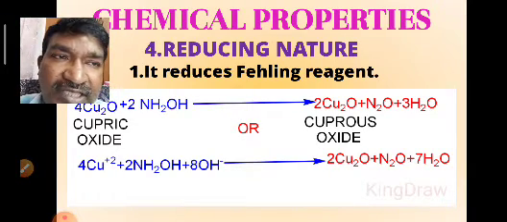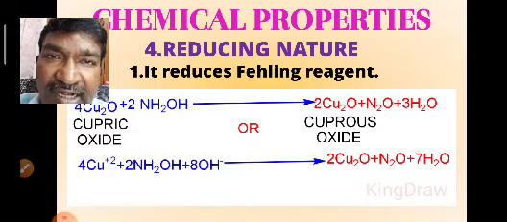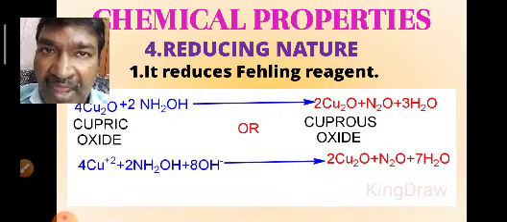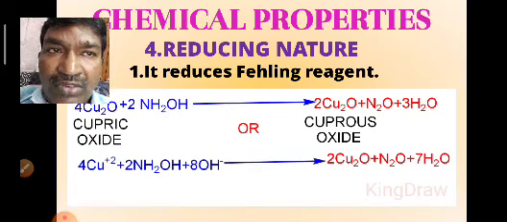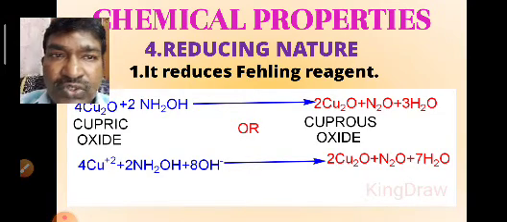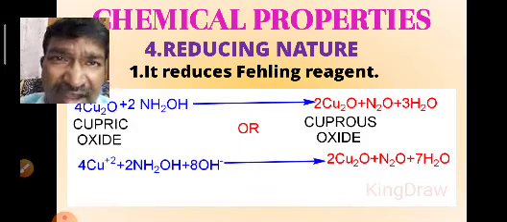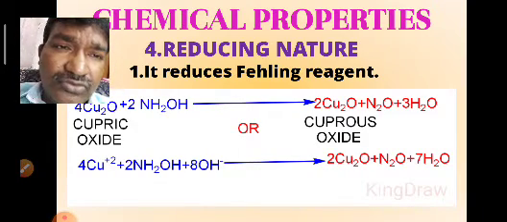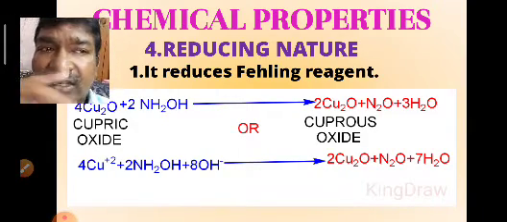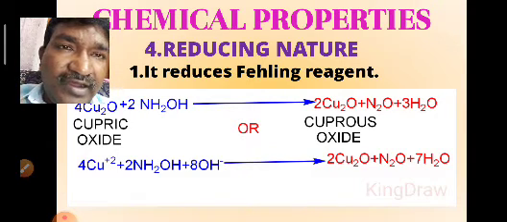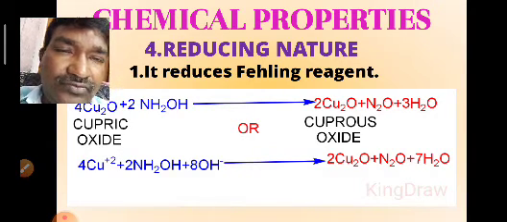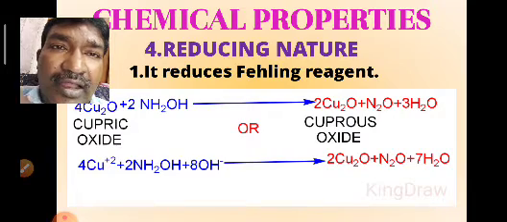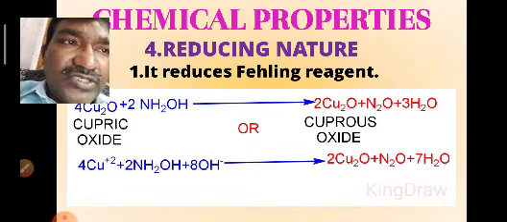Even though the products are the same, the second reaction is written in a different manner. Already I have told that Fehling reagent is an alkaline solution. So in the second step, hydroxide ions are shown. Okay, so here in both ways we can write the reaction. Okay? This is also very easy to balance.